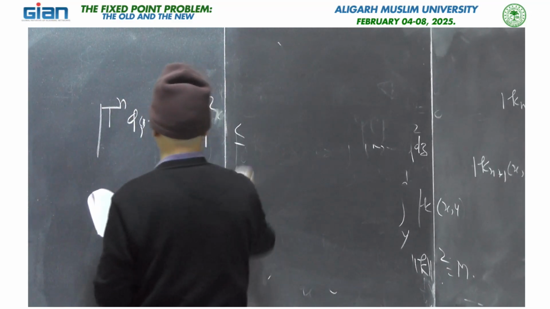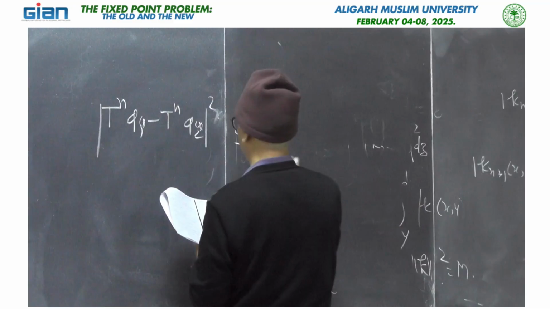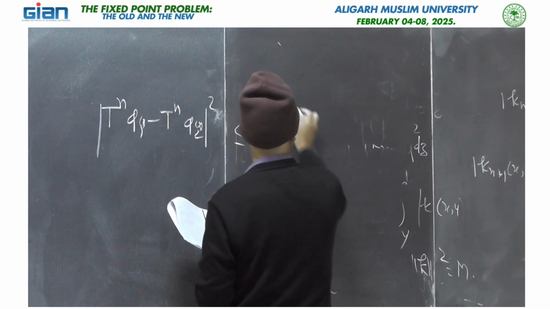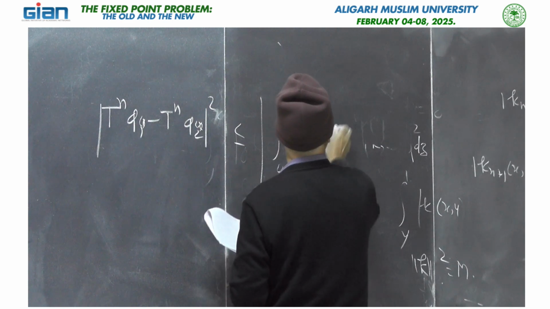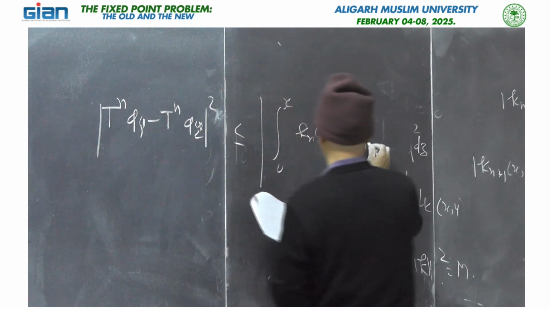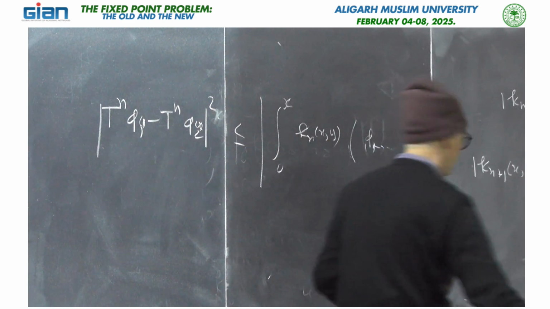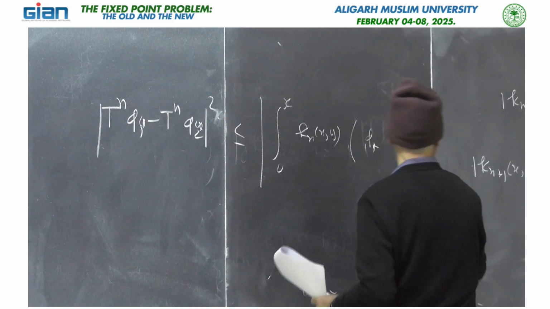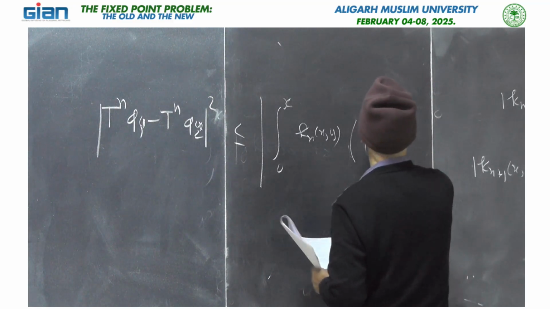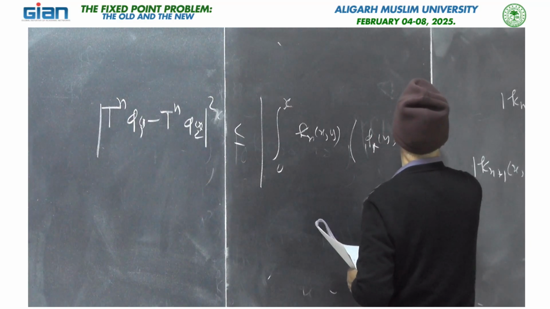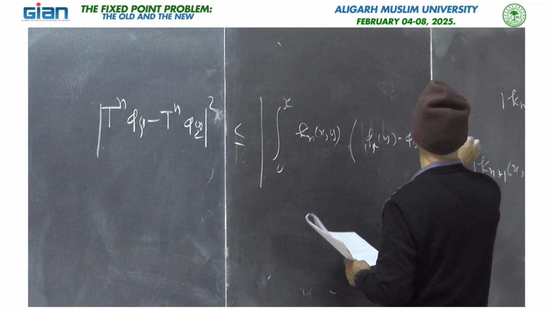It will be less than or equal to the mod of the integral from 0 to x of k n of x y, and then phi 1 y minus phi 2 y, dy, square.